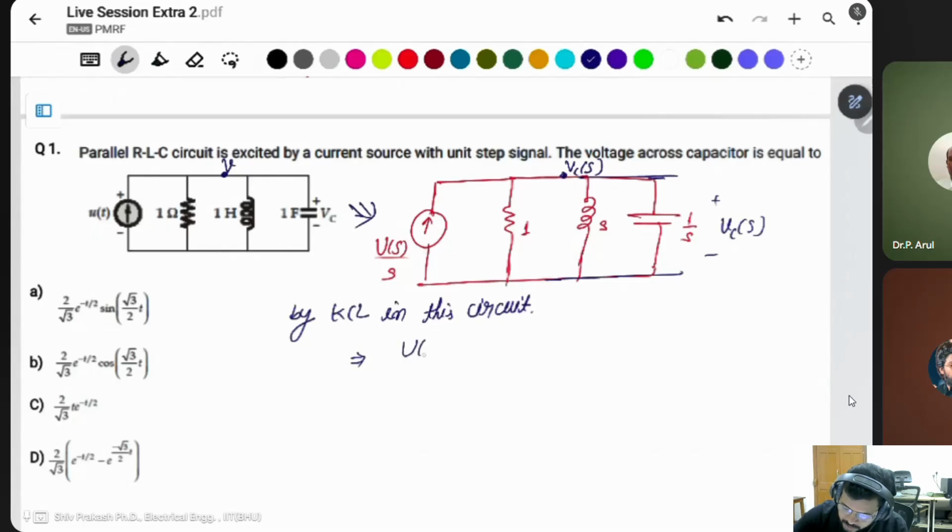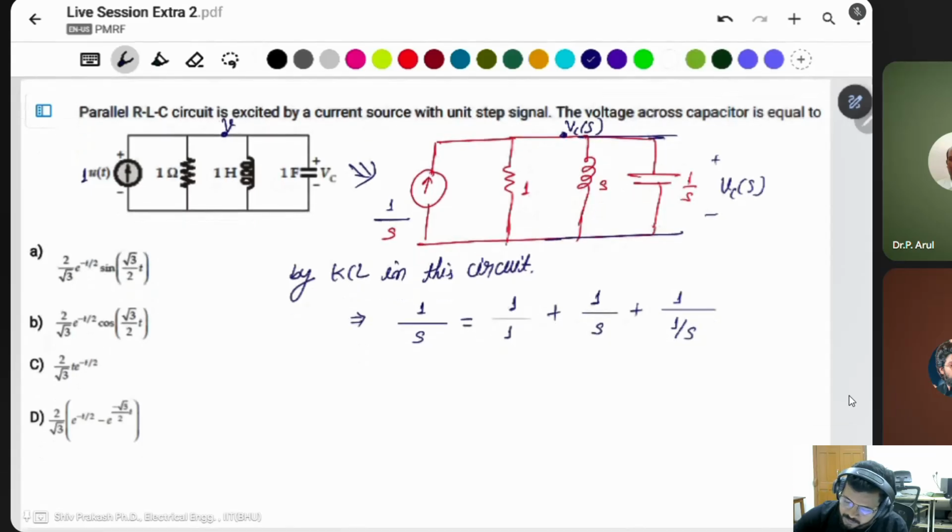The incoming current is I(s), which is 1 by s, since the unit step is 1. This equals VC(s) divided by 1, plus VC(s) divided by s, plus VC(s) times s.